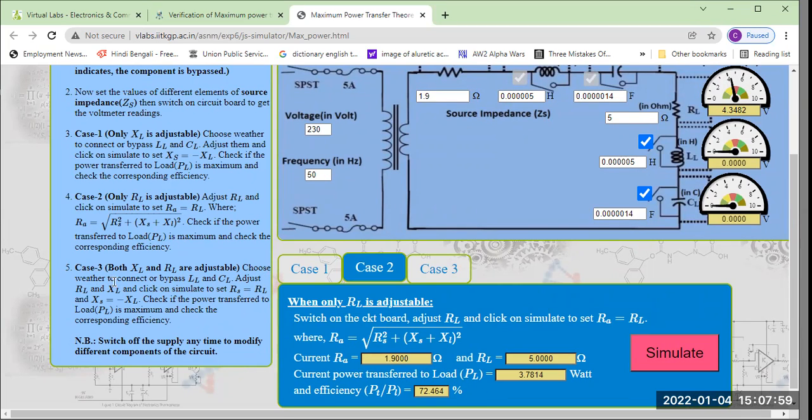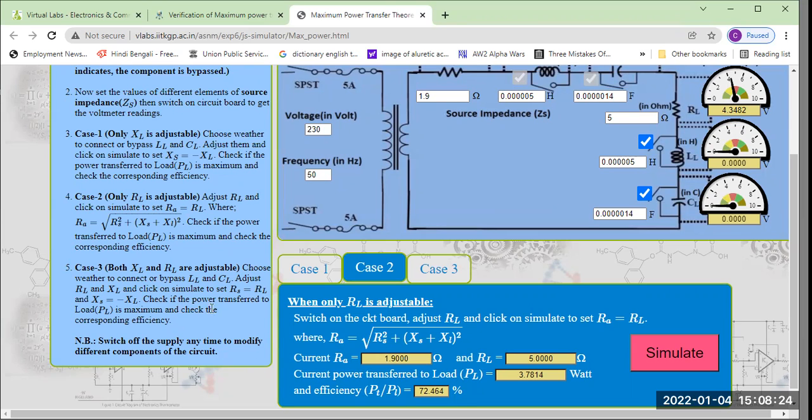Okay, now for case 3, both XL and XC are adjustable. Choose whether to connect or bypass XL or XC, adjust RL and XL, and click simulate to set RS equal to RL, and XL equal to minus XC.